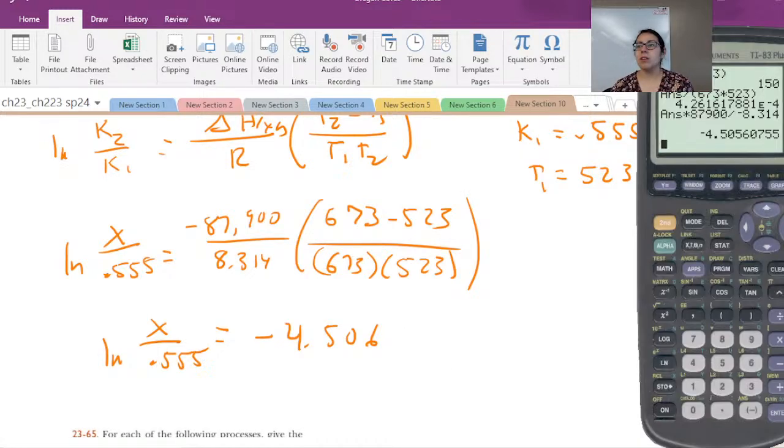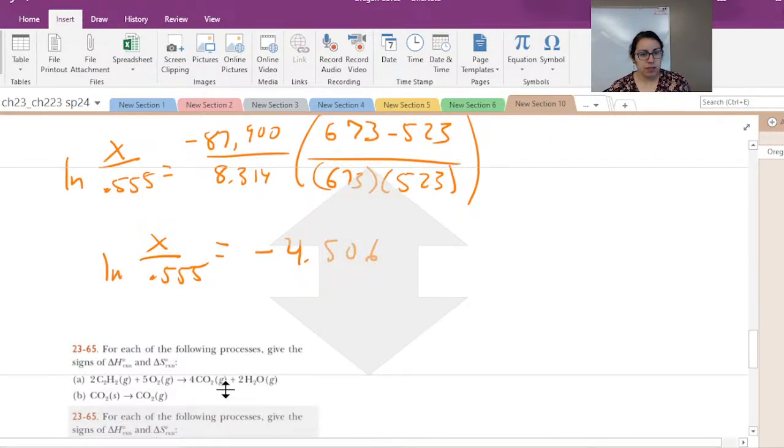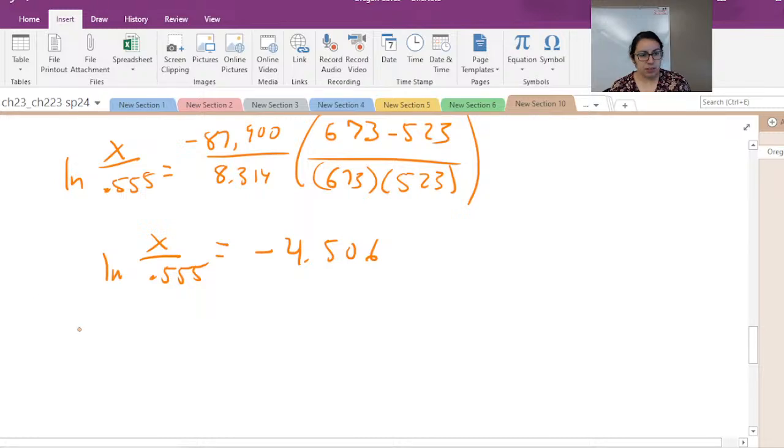So I saw at least one nod. Does that look right? It's a little off for me, but it's around negative 4.5. Yeah, as long as you're around negative 4.5 or so, because I'm sure we might have different numbers for the energy a little bit potentially. And so then everything to the e.